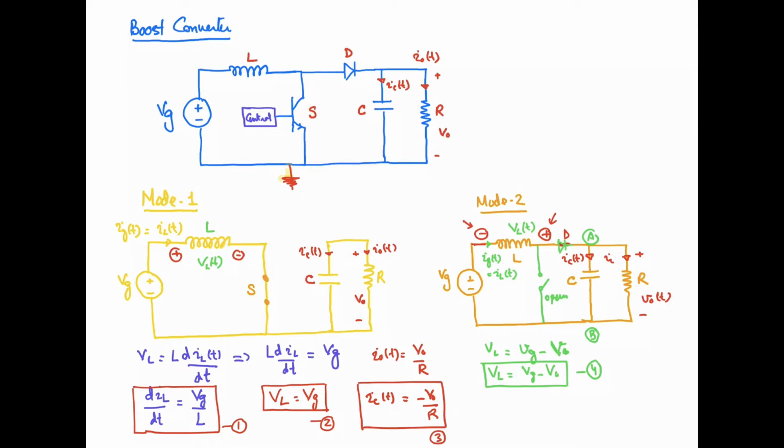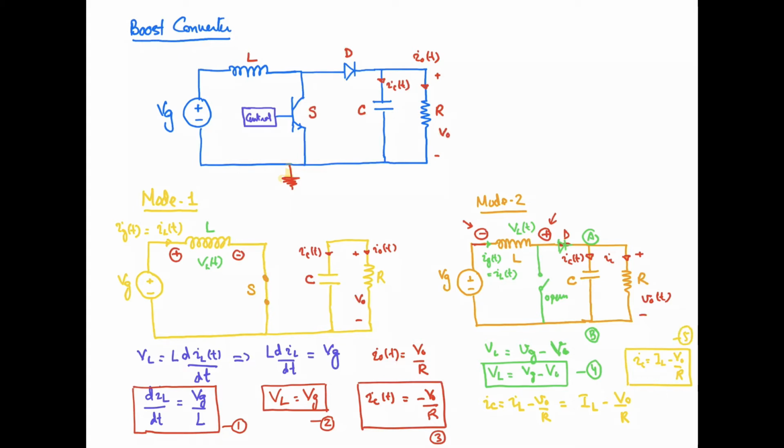So we can write the equation for the capacitor current: IC is equal to IL, the inductor current, minus V naught by R. Neglecting the small signal and taking the average values, I can write IL minus V naught by R. So the capacitor current is given by this equation, right? Let me call it equation 5. That is the equation for the capacitor current.